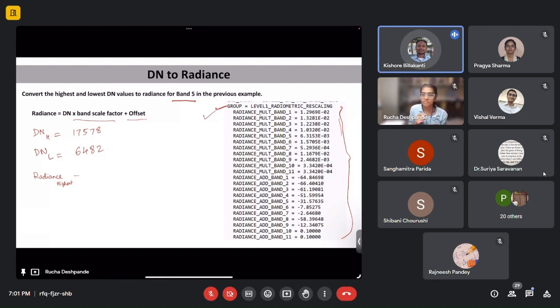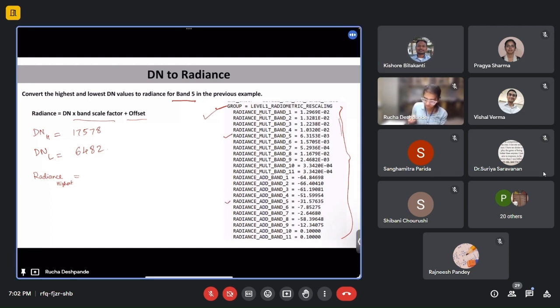Basically, for the highest value, I haven't calculated it, but the components are 17578 multiplied by 6.3153 to the power of minus 3, plus 31.57635. Yeah, right.